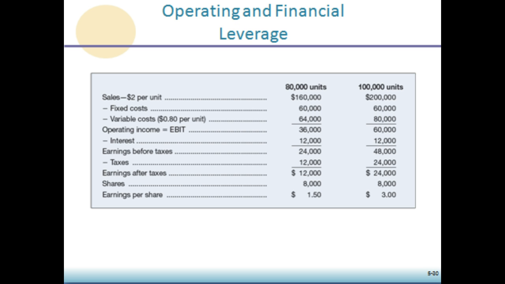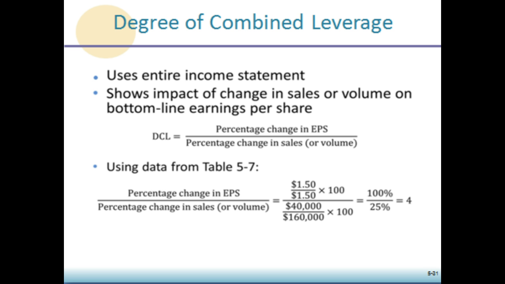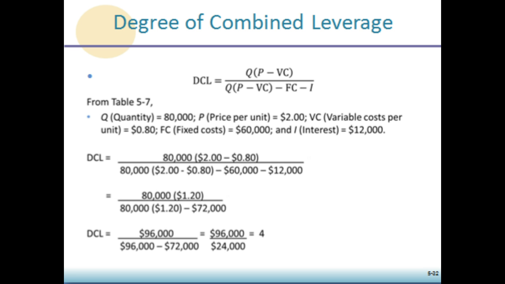The DCL is computed similar to the DOL or DFL, and its DCL equals percentage change in earnings per share divided by percentage change in sales. The DCL may also be computed, and I'm looking for this slide with the algebraic equation. Here it is. Sorry for that pause.